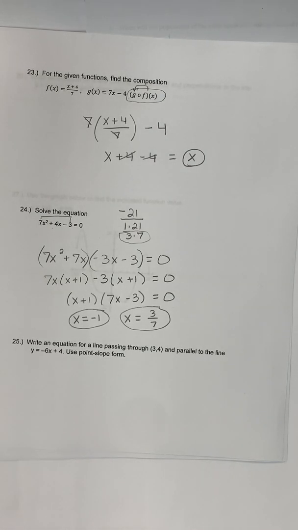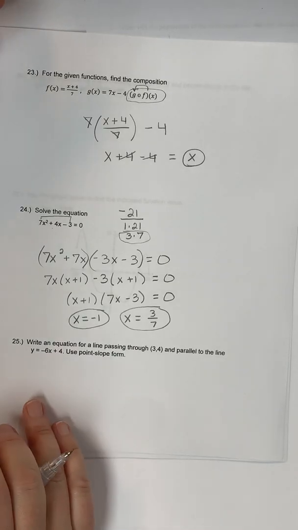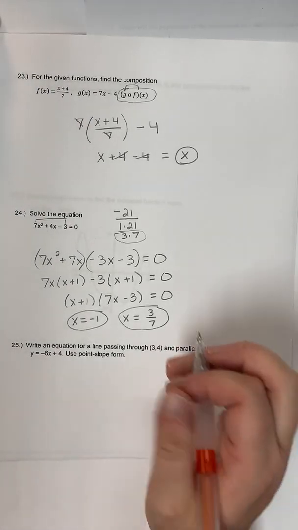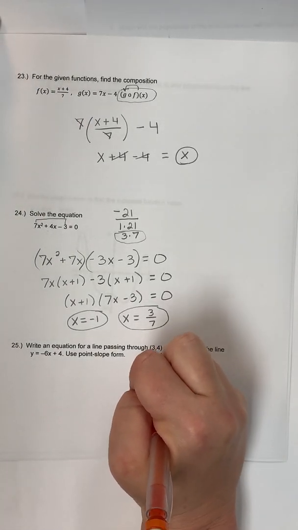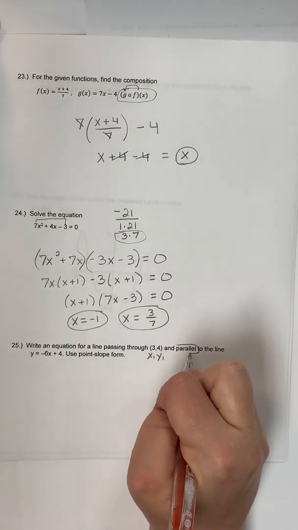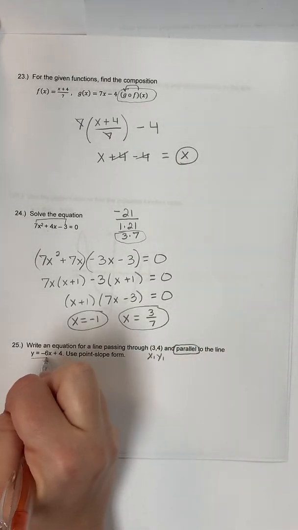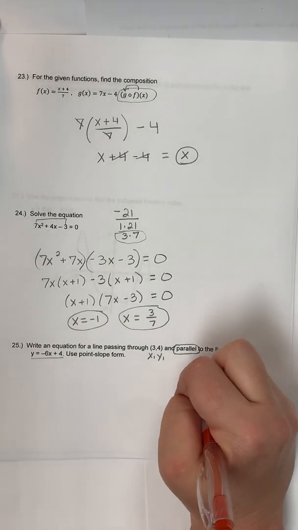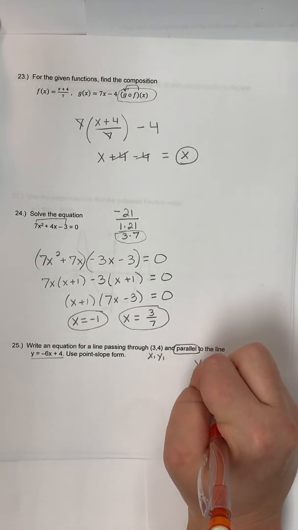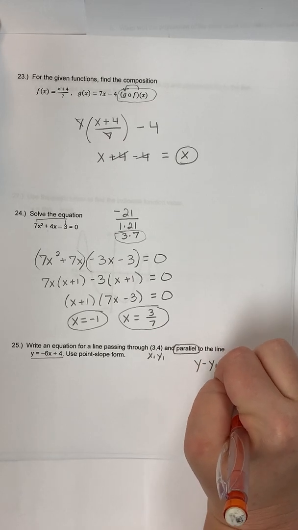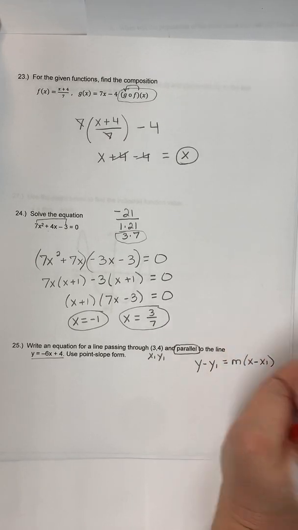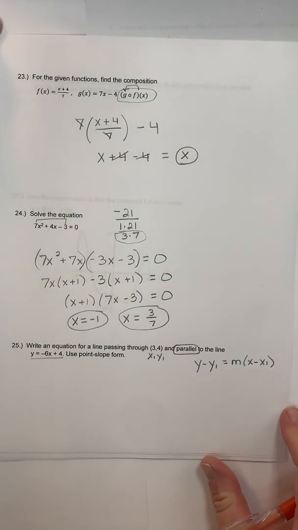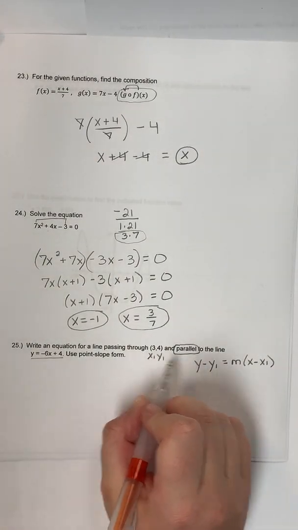Okay, number 25. Write an equation for a line passing through this point. I'm going to name him x1, y1, and parallel to this line using point-slope form. Well, point-slope form is y minus y1 equals m times x minus x1. Okay, I need a point and a slope.